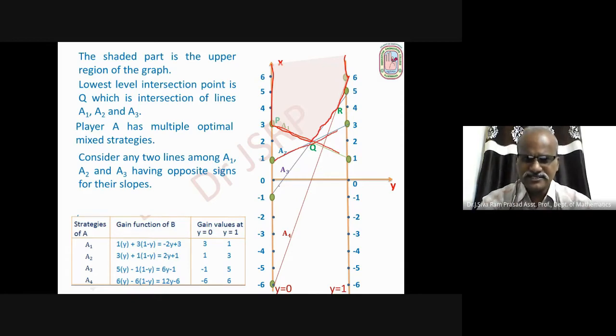A3 is also upward and A2 is also upward, so you cannot consider A2 and A3 since both have the same sign for their slopes. Another combination is A1 downward and A3 upward. So the 2 combinations are A1, A2 and A1, A3.